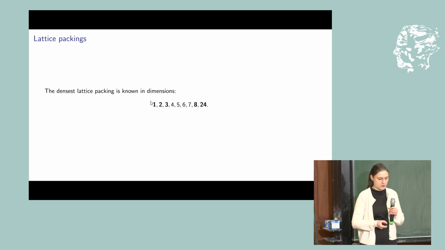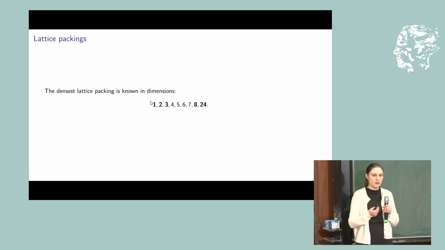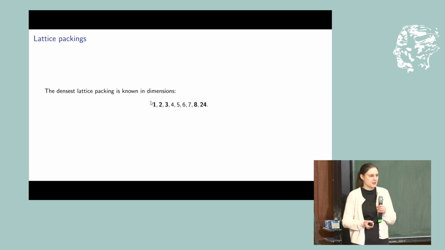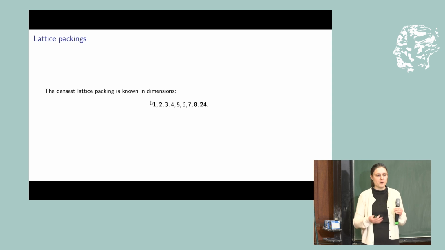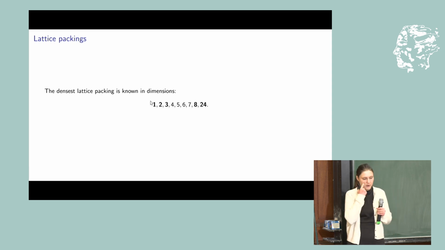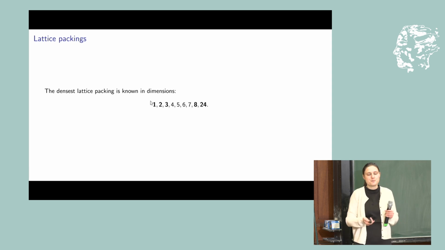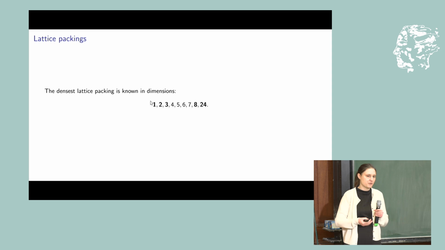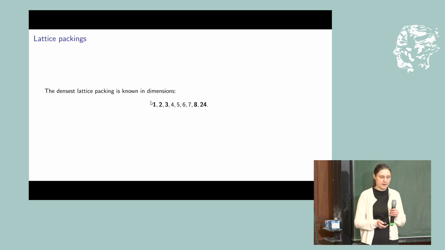Here you see that even though for 8 the result is very classical and very old, 9 seems to be a very difficult question for lattices, even though we know that this is a finite amount of computation, but this amount grows so fast that it's still a tough computational problem. And somehow dimension 24 is special. That's why there is a shortcut, how 24 can be solved before 9.